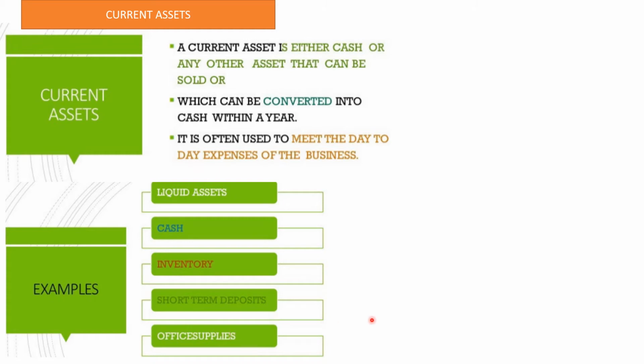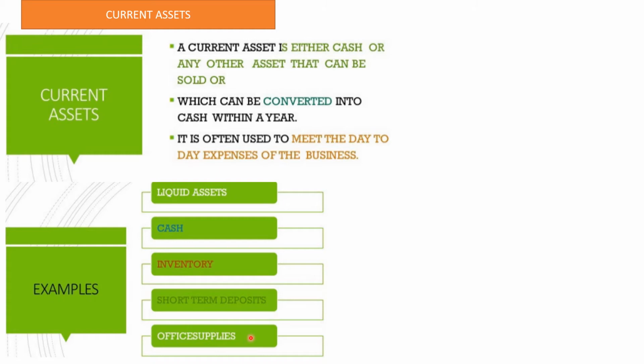So I think the clarity will be more now, because if you see the example here, it is used to meet the day-to-day expenses of the business. One time the company is incurring an expense, at the same time the company is having one asset in the business, though it is short term or long term. Suppose you have furniture, if you talk of fixed assets.